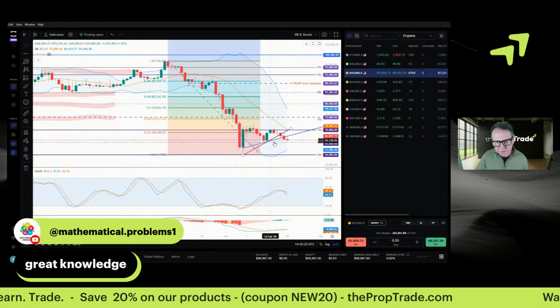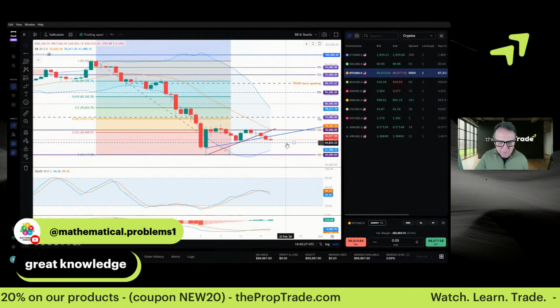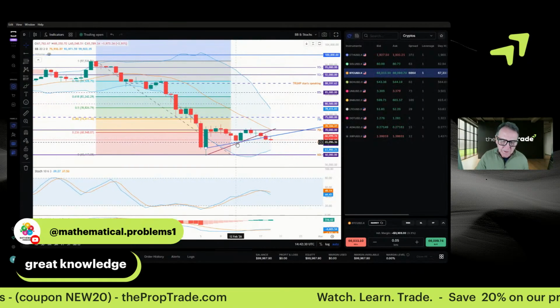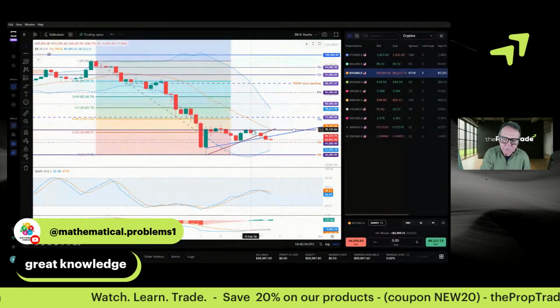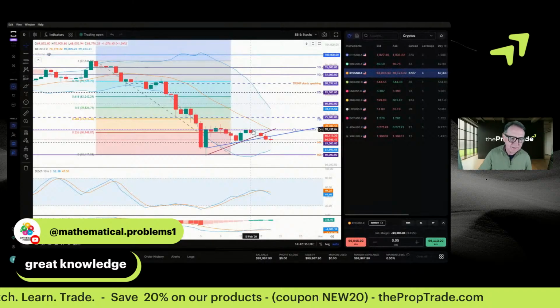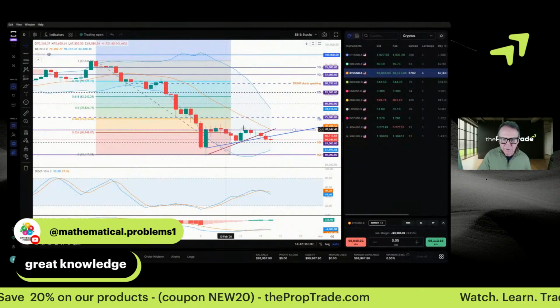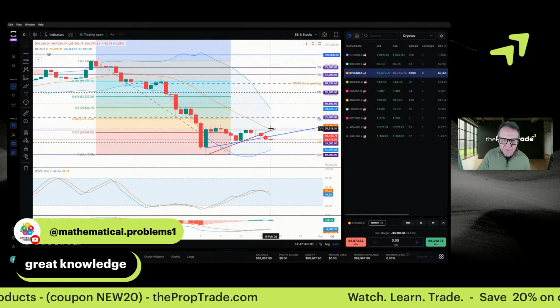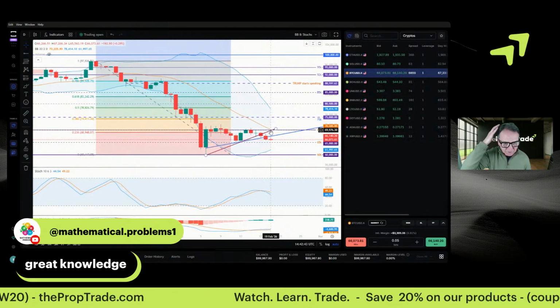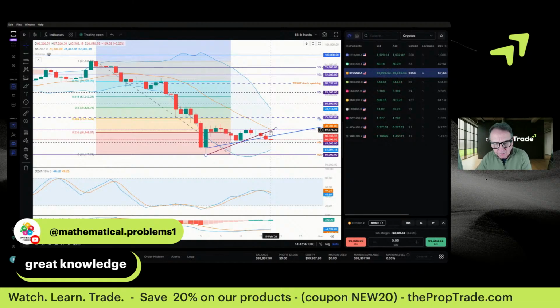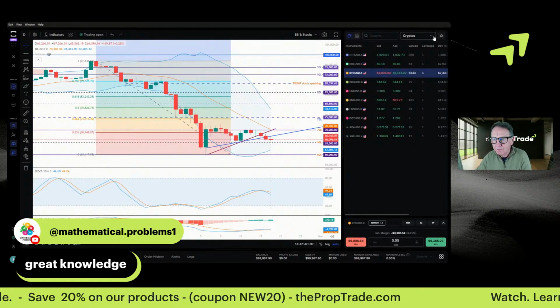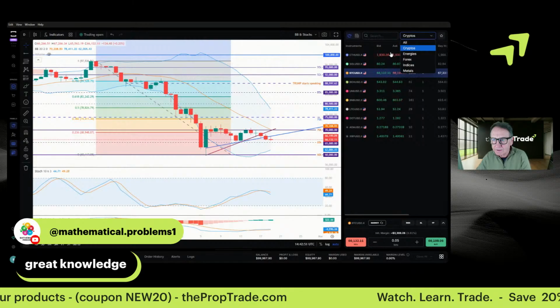To the downside. We couldn't, even then, break the 70,000. As I said yesterday, we've got this big level, the round number at 70,000, and we've got the key 20-day moving average as well. So Bitcoin remains under pressure technically.